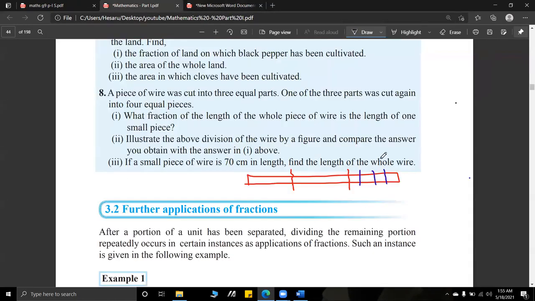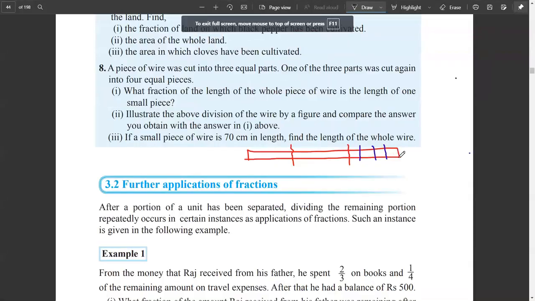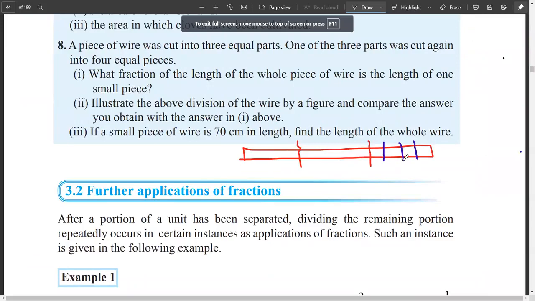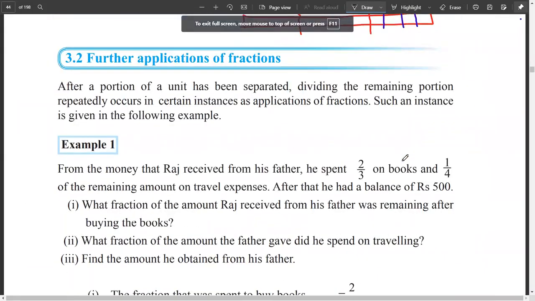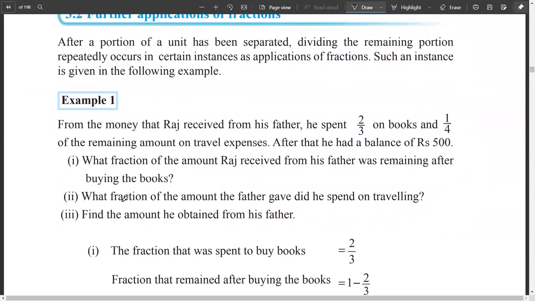Okay, so they are giving us some further applications. These are more advanced than the previous one. So now they are saying that from the money that Raj received from his father, he spent 2/3 on books.